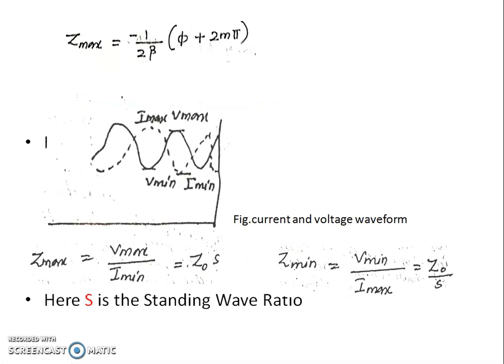And also we can find out the maximum impedance. What is the significance of this maximum impedance? Next we have to find out at what length the minimum impedance will happen.